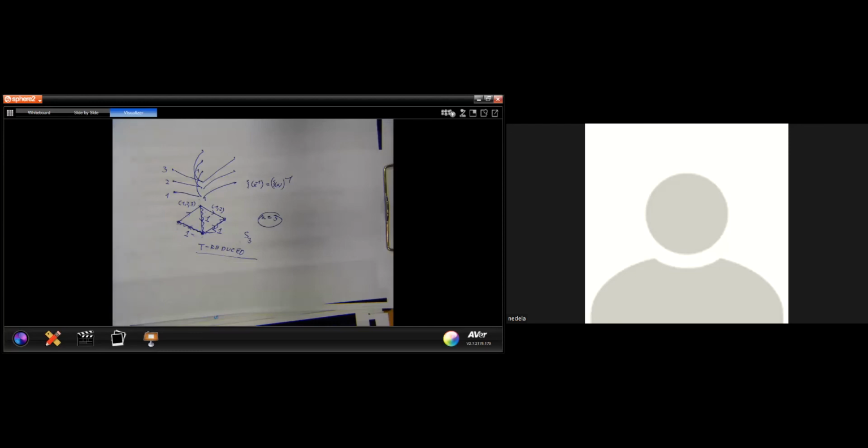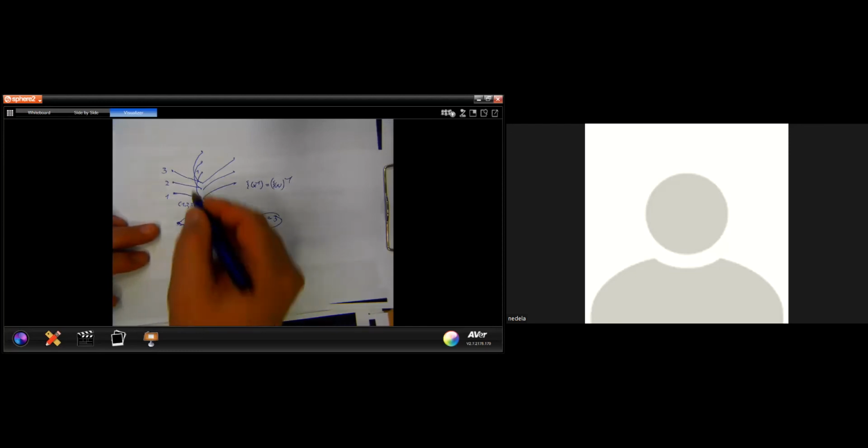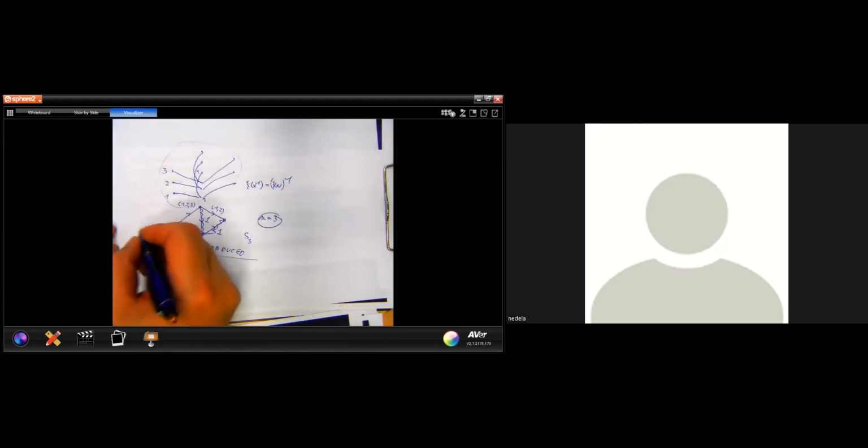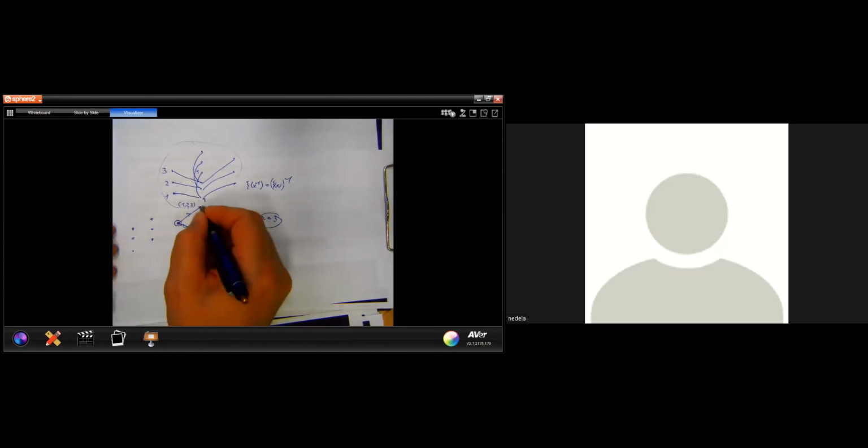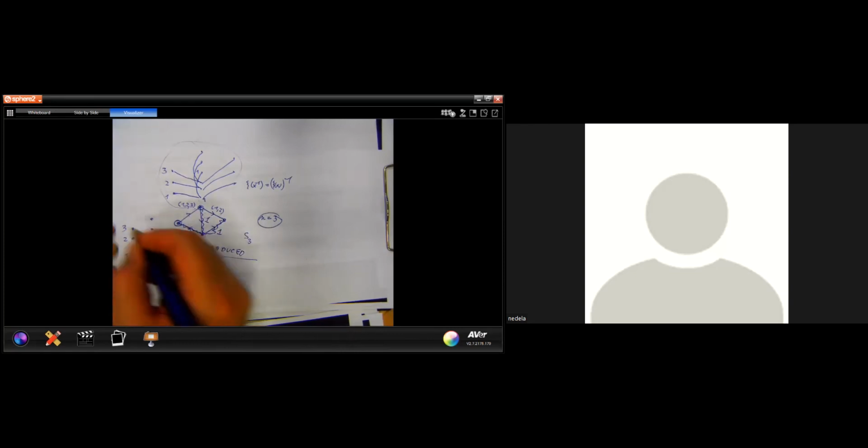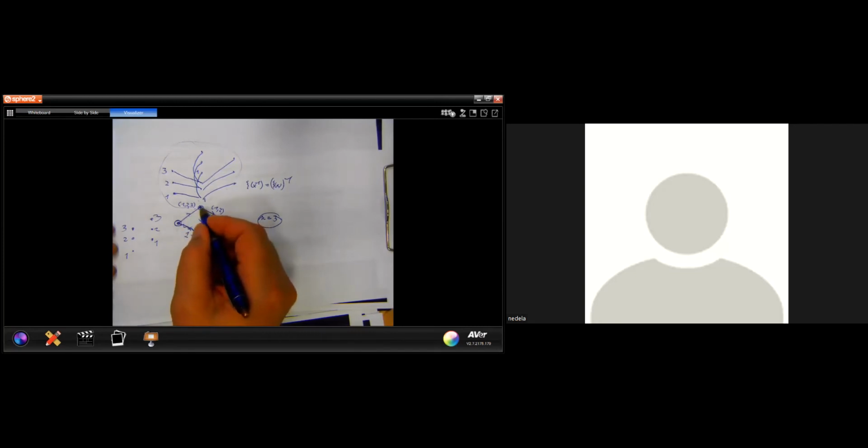Now, this would be too much, so I will just take the two orbits over these two vertices. So here we have 1, 2, 3. Here we have 1, 2, 3. How is this edge lifted?